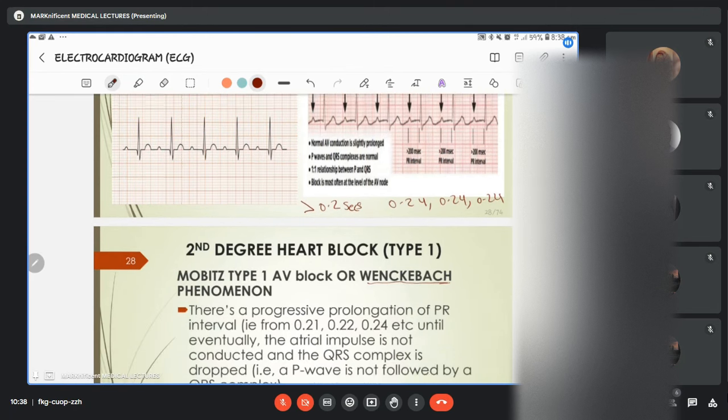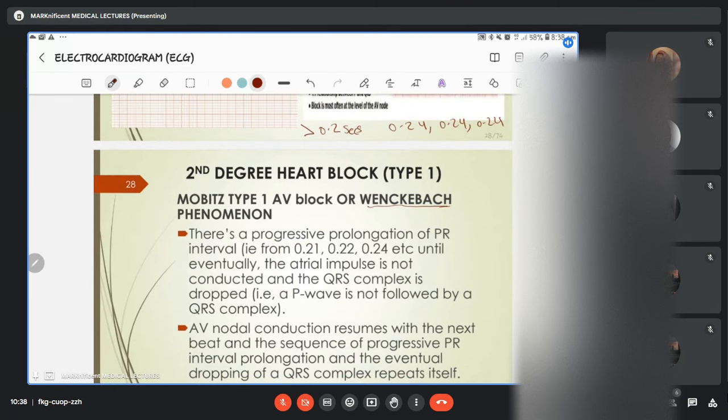However, in type 1, there is a subsequent increase. You can see the normal is 0.2, but here you have 0.21. It has increased further to 0.22, and further to 0.24. The increase is more and more, until eventually the atrial impulse is not conducted and the QRS complex is dropped. After the first cycle there was prolongation, the second cycle more prolongation, the third cycle more and more, until the QRS doesn't even occur, because the atrium needs to contract again.